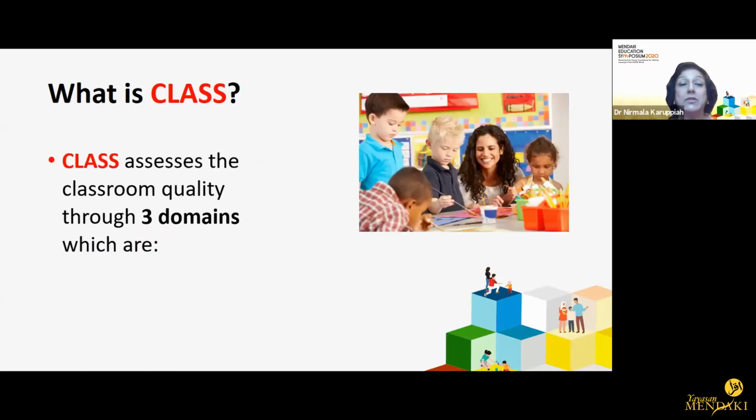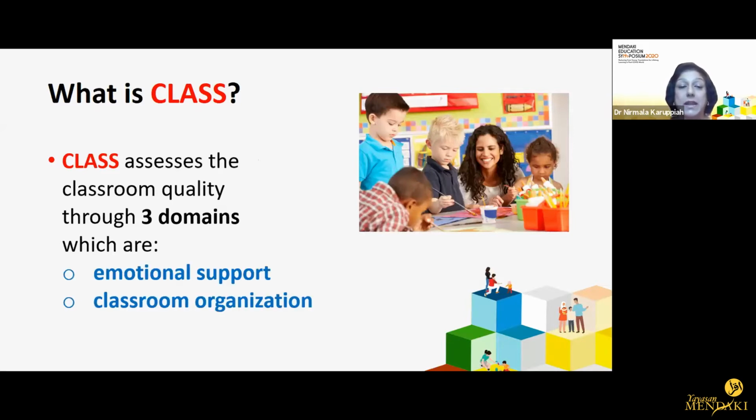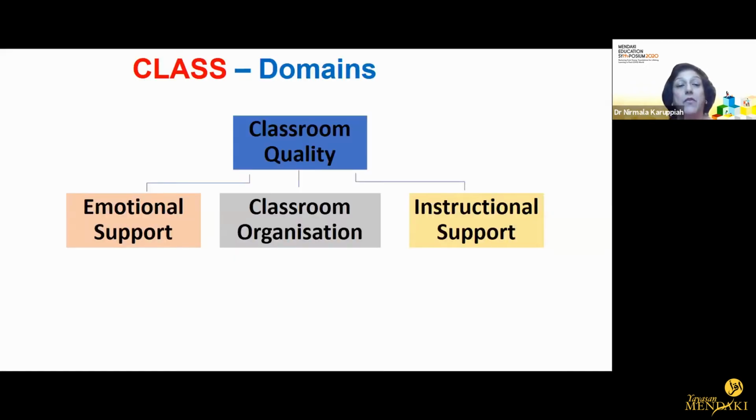CLASS assesses classroom quality in 3 key domains. They are emotional support, classroom organization, and finally, instructional support. Let us look at what these 3 domains are all about. For emotional support, what we are looking at is how the teacher supports children's social and emotional functioning in the classroom.